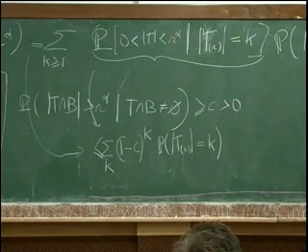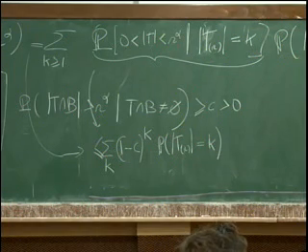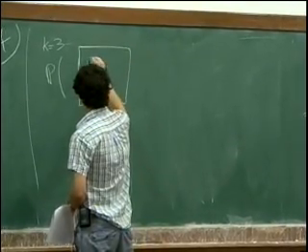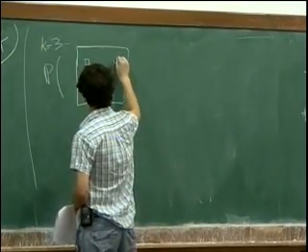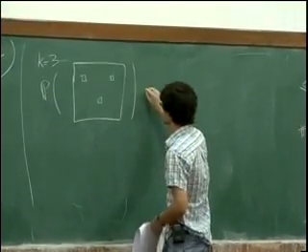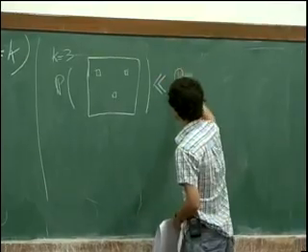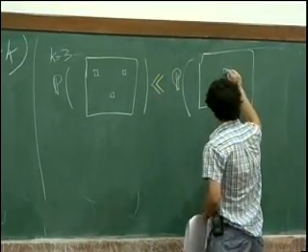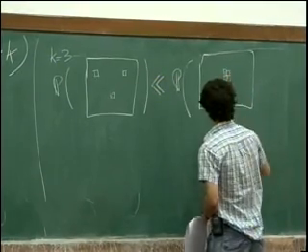And with the same picture as we had before, I claim that the probability that the tree will go into these 3 boxes, which are sort of far apart, is much smaller than the probability that the tiny branches are sort of localized, like this.